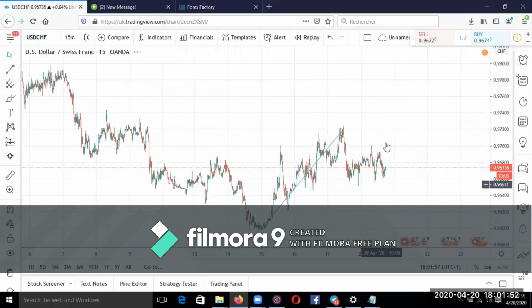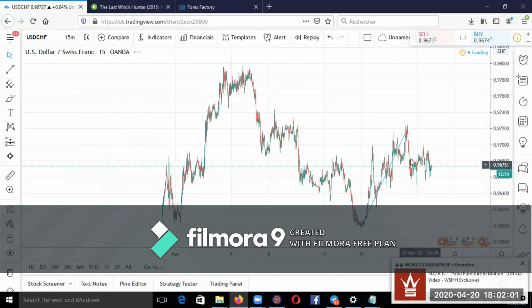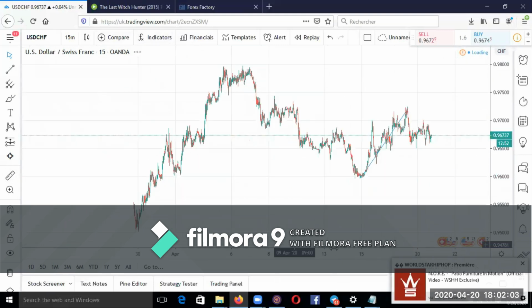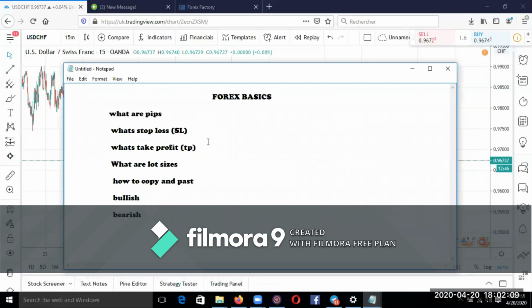Here on USD, I want to see this market drop down and take all these lows before going up, you know what I'm saying? That's bullishness and that's bearishness.